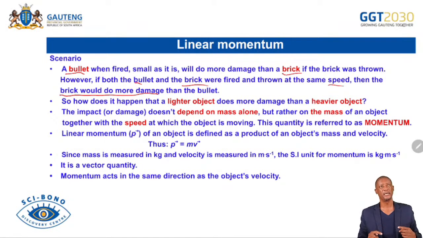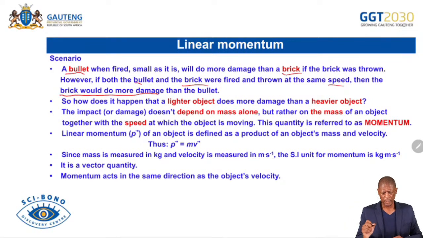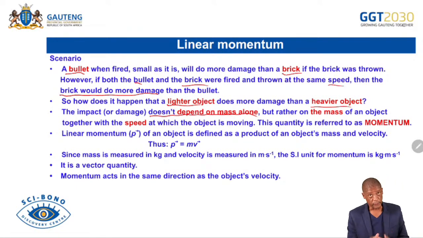It tells us the mass does not matter. The mass of the two does not matter. But what matters is the speed at which the two objects are traveling. That is what matters. Now, it says here, so how does it happen that the lighter object does more damage than the heavier object? Now, I said to you, the impact does not depend on the mass alone.